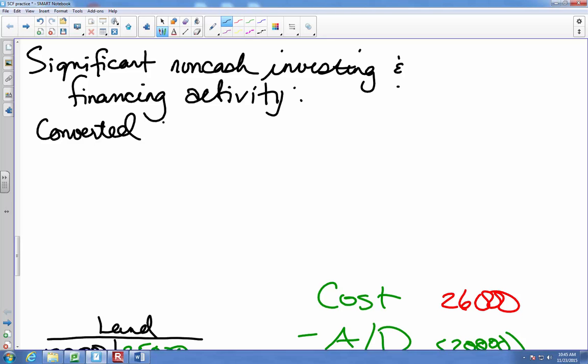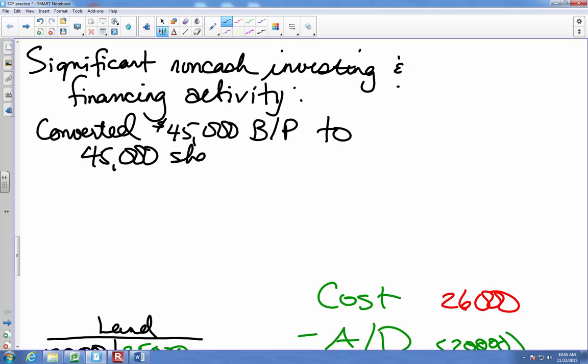Yeah. Converted $45,000 of bonds payable to 45,000 shares of $1 par value common stock, or something along those general lines. In other words, it's significant, but there's no cash trade at hand, so it doesn't go up there, does it?